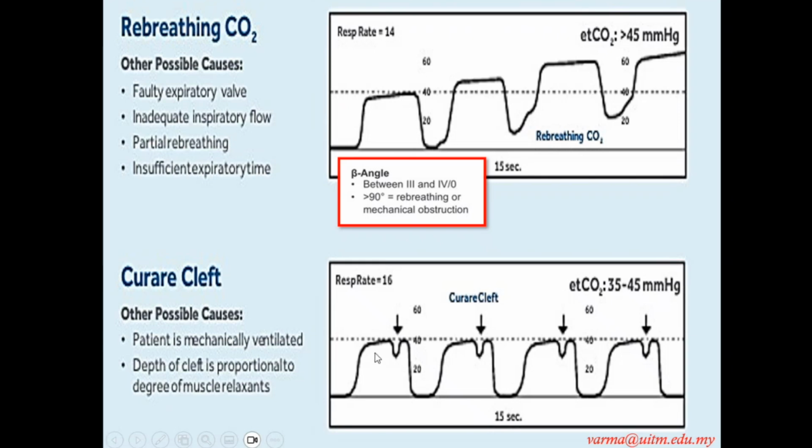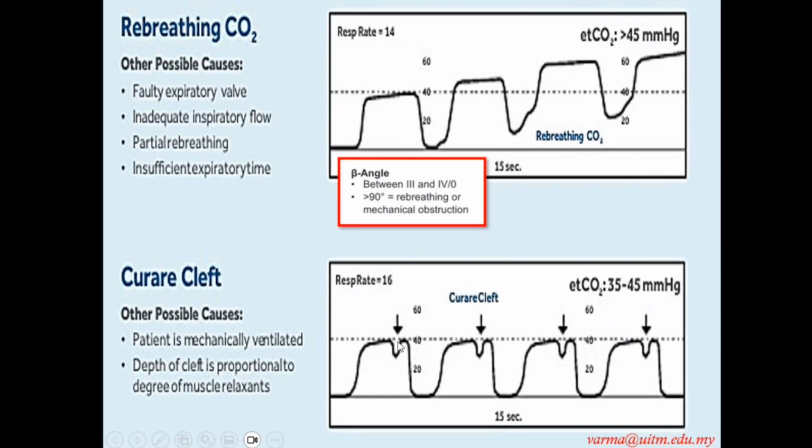Then, in spontaneous ventilation, the pleural cleft, or curare cleft, shows us when the patient has started breathing, because during inspiration and expiration there shouldn't be any disturbance. We know inspiration is a negative pressure. So this is when the expiratory plateau is going on. If the patient takes a breath, there is a downfall. We know inspired gas has low CO2, while this is rich in CO2. Suddenly the patient's inspired gas has no CO2, so the CO2 will drop.